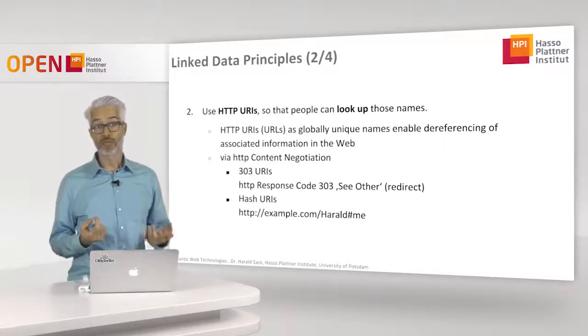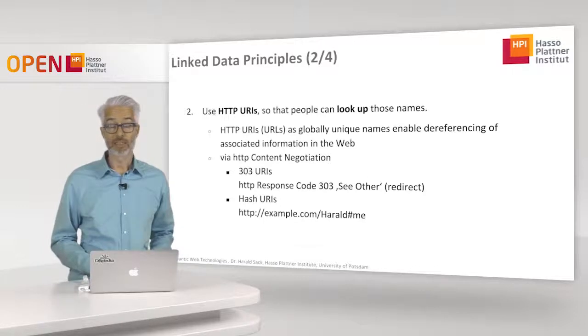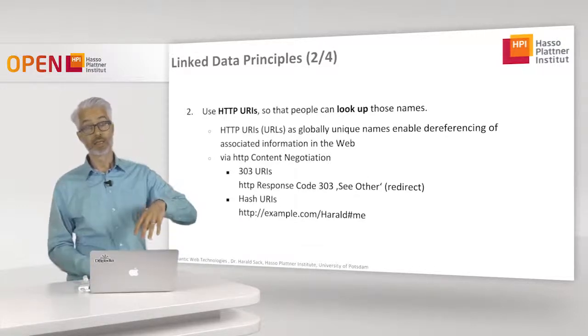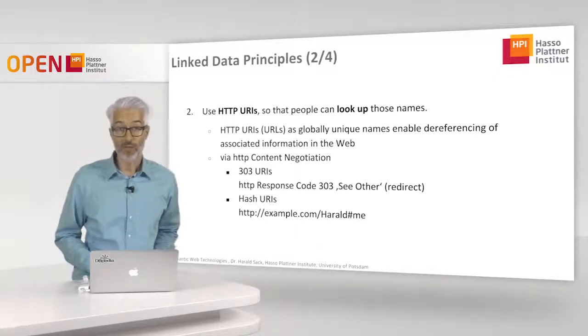We can do this, for example, via content negotiation, as we have learned, or we can make these distinctions via hash URIs when talking about subjects and about information about these subjects. So we have covered this topic already, and we know how to do that.